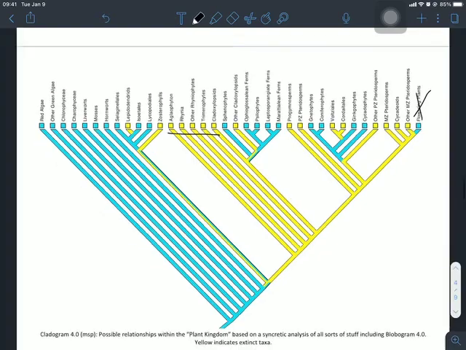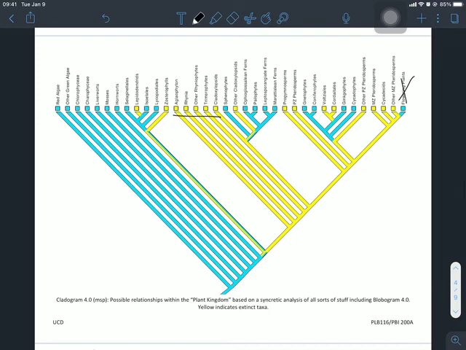And this was from that class that I was mentioning to you, or we'll be talking about a fair bit, looking at the possible relationships across the entire plant kingdom. Thank you, Judy Jernstedt, for this. I'm sure you'll get some stories out of me about her in this class.